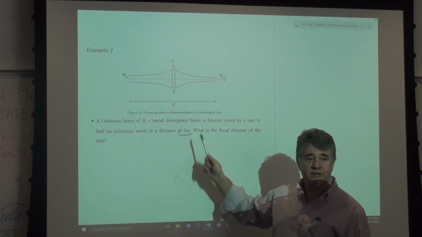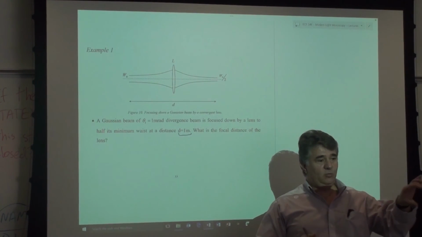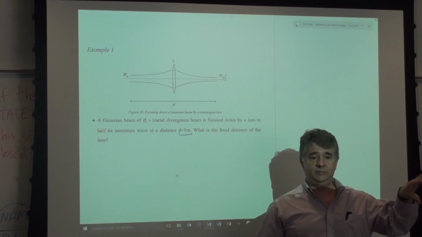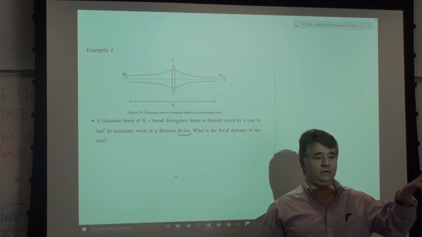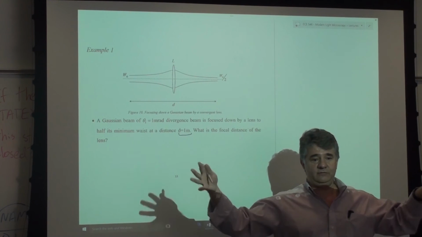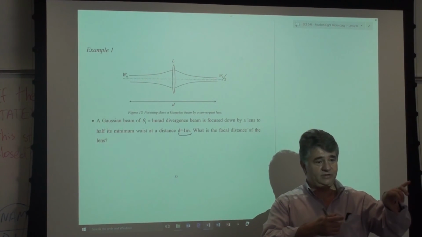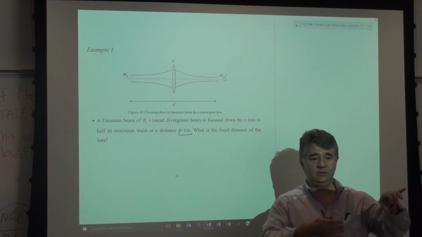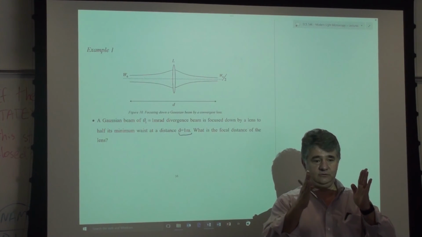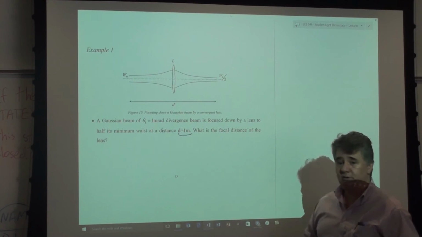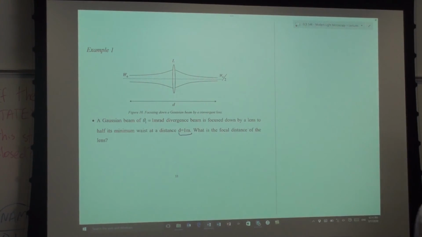This is a very practical thing. This beam waist is too big for my purpose. I needed half that, but I don't have a lot of space. So I need to use a lens to make this beam twice smaller, but it has to be within this distance. I said 1 meter, but whatever. All right? So what lens do you choose?